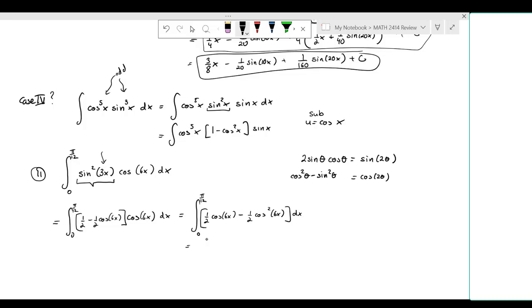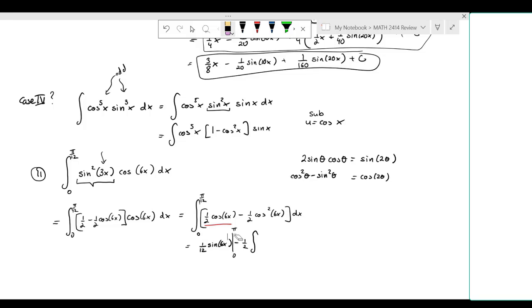All right. Can we anti-differentiate the first term here? Yeah, it's a basic trig function, so the antiderivative of cosine is sine. But can we anti-differentiate the second term? No. You know what?